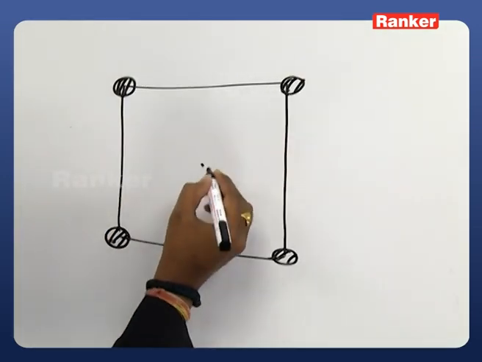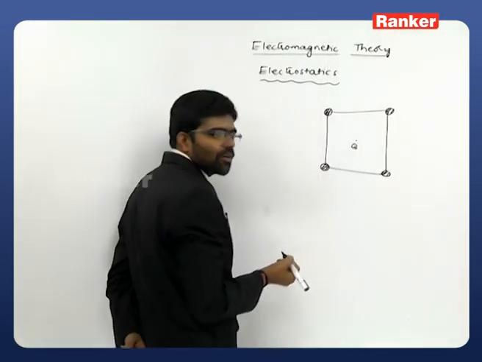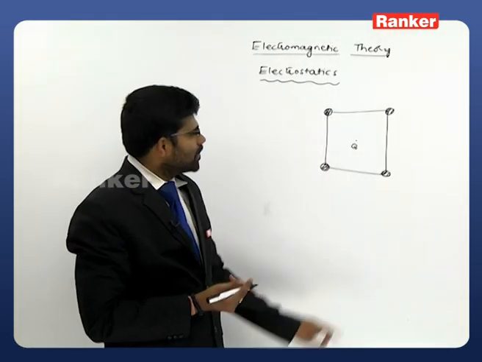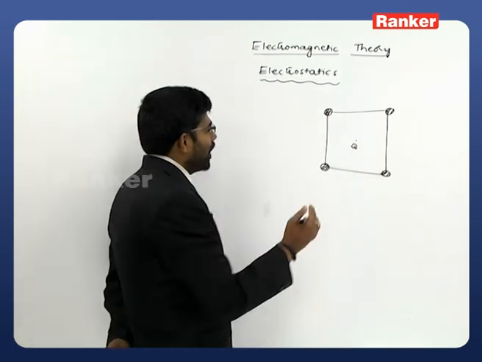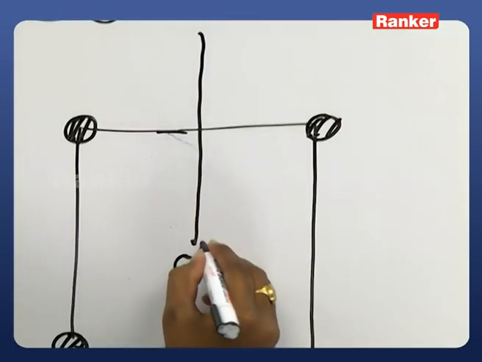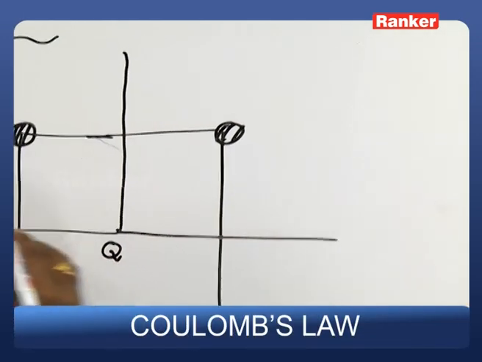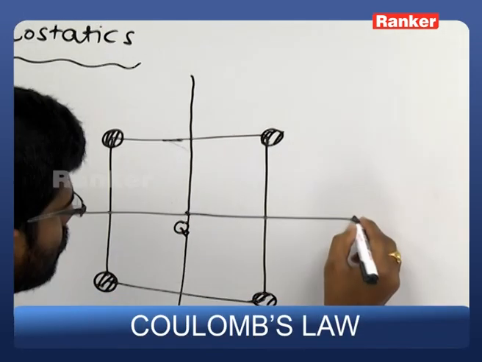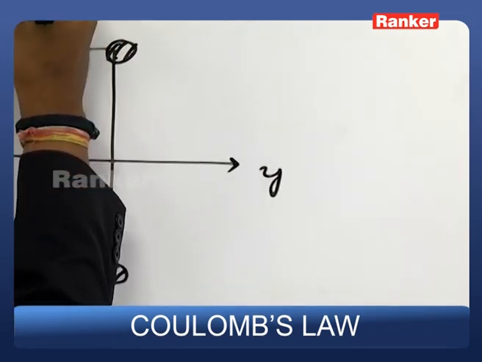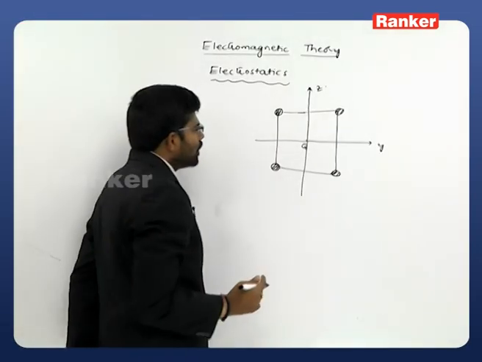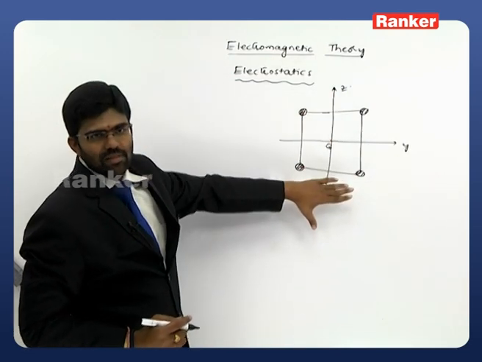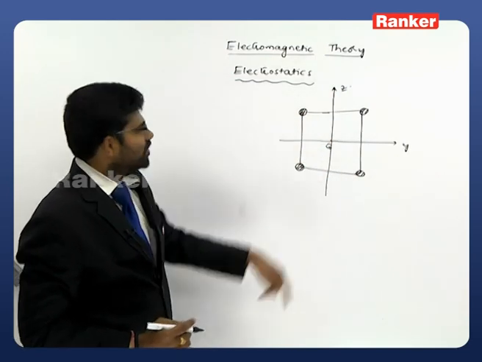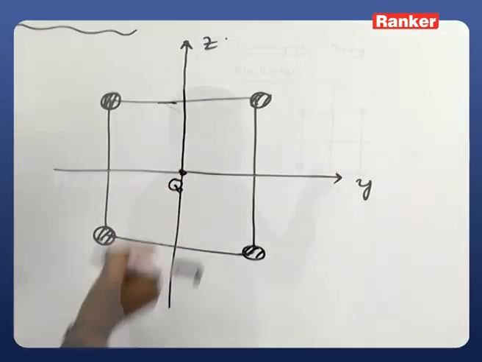So let us take the charge which is located at the center point of the square. This is the charge which is located at the center point of the square, as the problem defined, that is symmetrically placed on the YZ plane. Since it is symmetrically placed on the YZ plane, definitely you can say that the center point is at the origin, right?